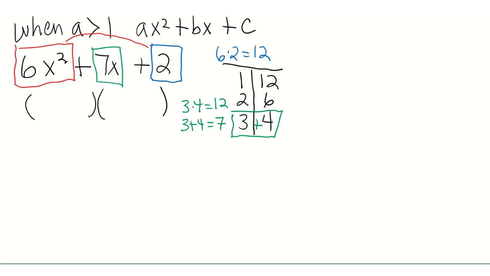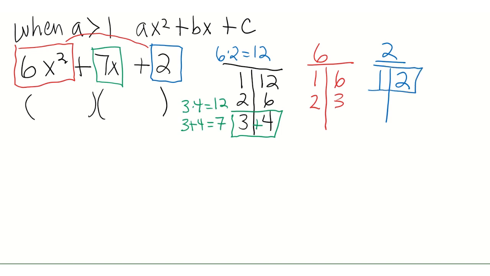So now the next thing I need to do is factor my A and my C. So I'm going to take my 6 and I'm going to factor that: 1 and 6, 2 and 3. And I'm going to factor my C, which is a 2, which has the factors 1 and 2.